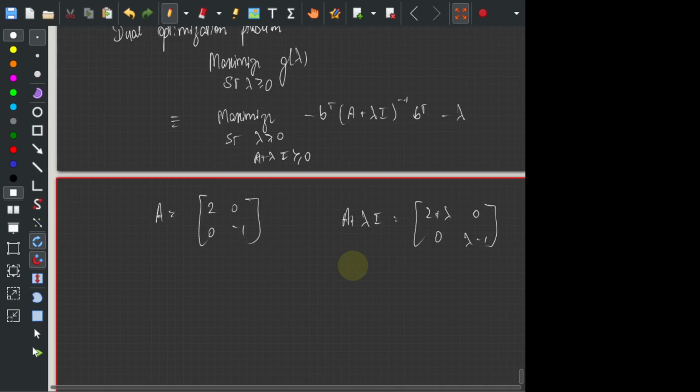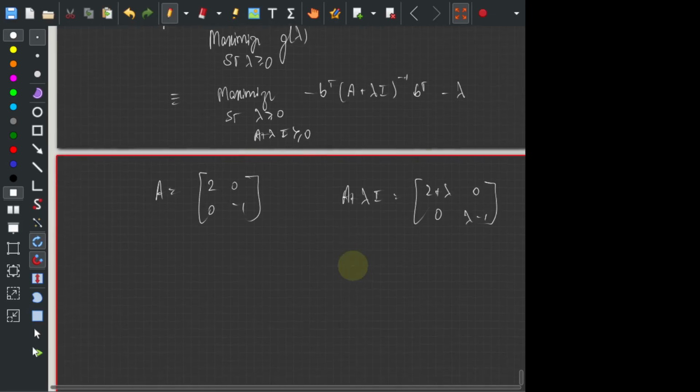So these two constraints, one does not necessarily imply the other in general. Alternatively, if you find some lambda for which A plus lambda I is PSD, we can just increase the lambda's value, right? We can use some lambda prime which is greater than lambda that satisfies that.